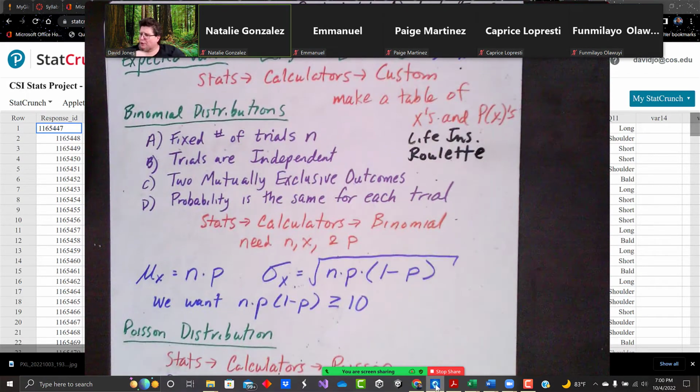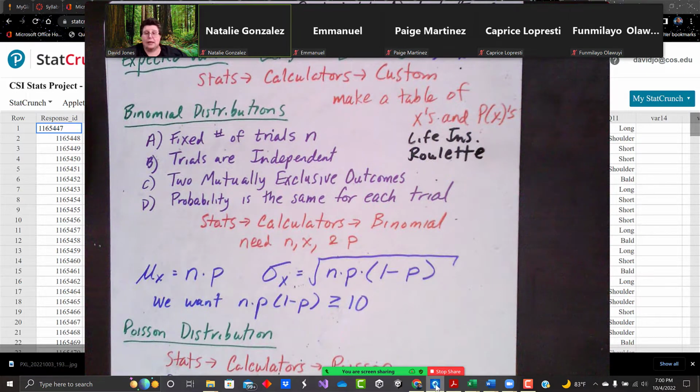We also did binomial distributions. It required 4 different things to be true. You needed a fixed number of trials. The trials had to be independent. They couldn't affect each other. There had to be 2 outcomes, and they had to be mutually exclusive, so like yes or no, true or false, 7 or not a 7.